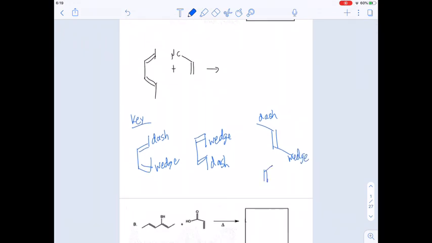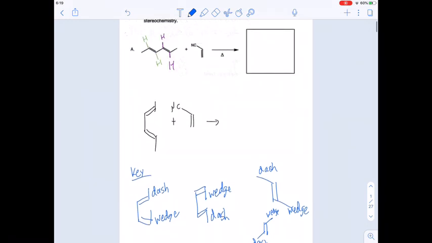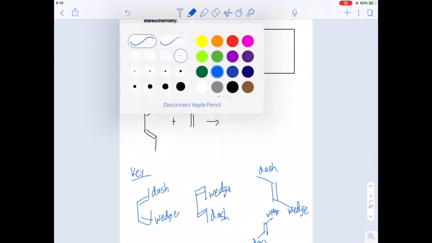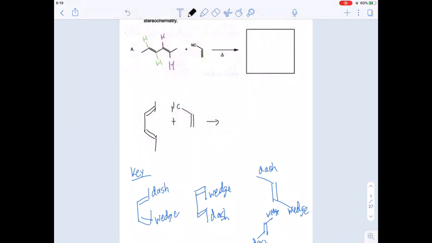For the dienophile, anything that's pointing towards the center is on a dash. Anything that's pointing away from the center is on a wedge. Again, conversely, that means this would be on a wedge, this would be on a dash. So this is the key that I use whenever I do my Diels-Alder reactions, and it usually works for me.